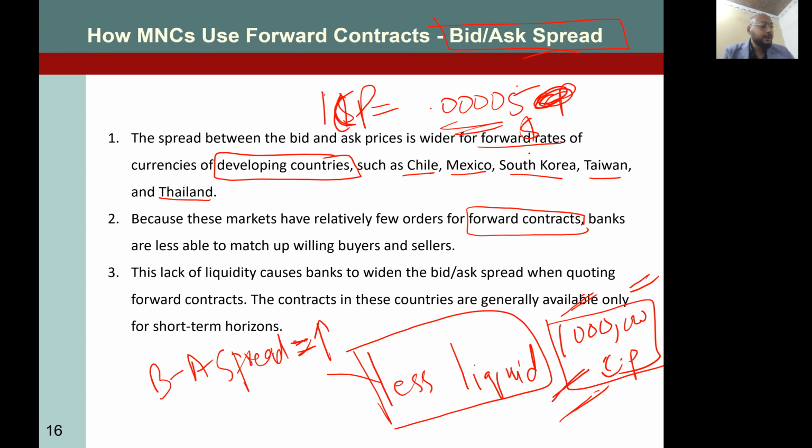You just have to pay $50,000 for 1 million pesos, or maybe $5,000. All right.